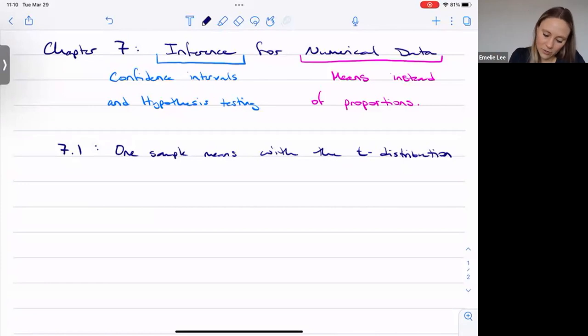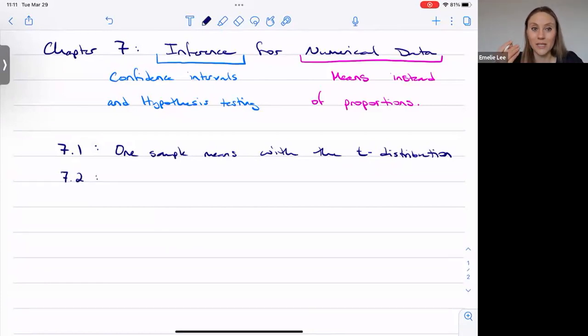Okay, so we have to introduce the t-distribution, right? So this is another distribution. We've seen the Z distribution and we've seen the chi-squared distribution so far, right? And so now we're talking about the t-distribution.